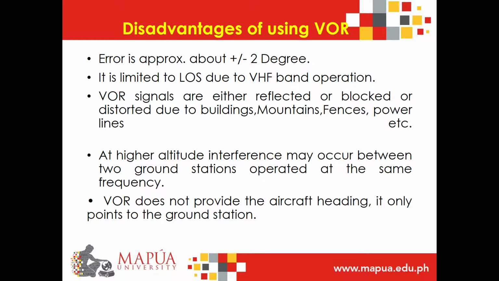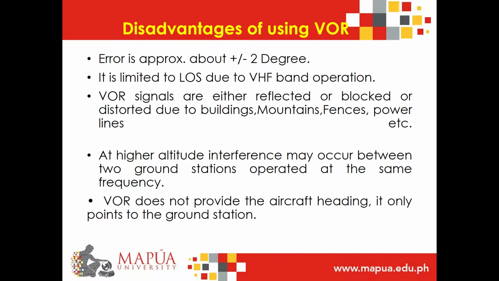Then I will now discuss the disadvantages of using VOR. First off, error is approximately plus or minus 2 degrees. It is limited to line of sight because of its frequency band of operation, which is VHF.